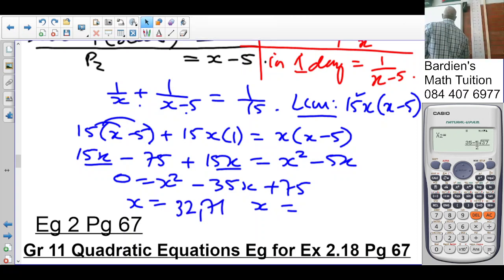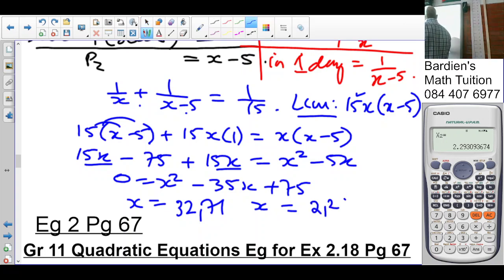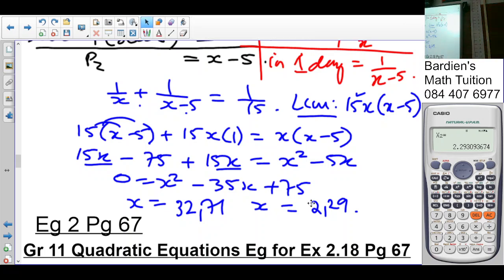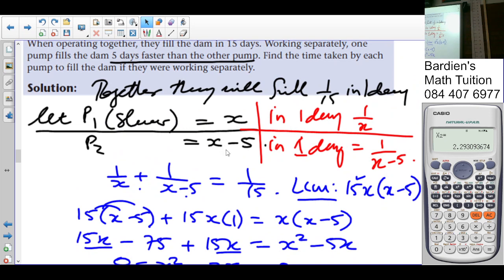Otherwise, the other one would be 2,29. Okay. But now, what does this denote? This denotes the number of days, not so? This is days. Now, if the slower pump is taking 2.29 days, then the faster pump is going to take 2,29 minus 5, which is a negative value.